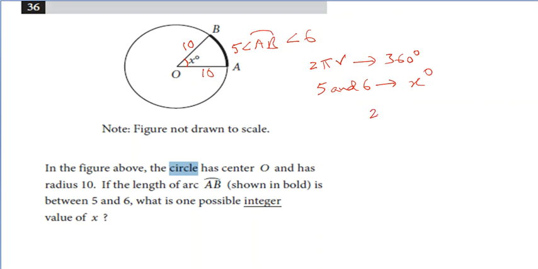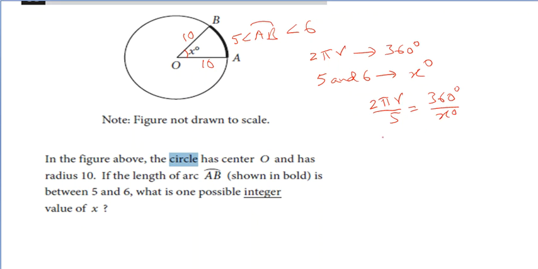If we take the ratio, we know 2 pi r over 5 is equal to 360 degrees by x degrees. Since r is equal to 10, 20 pi by 5 is equal to 360 by x.